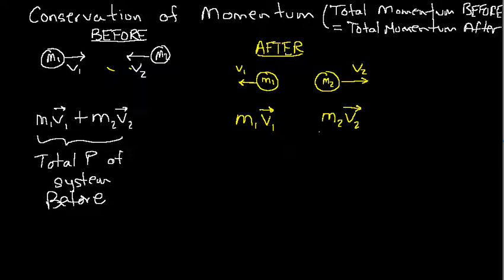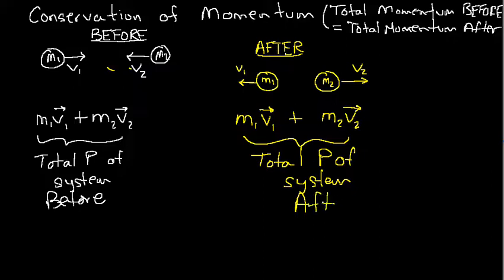Again, if I was plugging in numbers, I'd be careful: if my right is considered plus, this would be a plus number and this would have to be a negative number because it's going in the opposite direction. Velocity always has magnitude and direction because it's a vector. So if we add up the total, this here is my total momentum of the system after the collision.